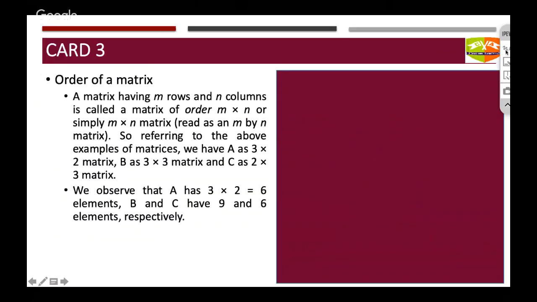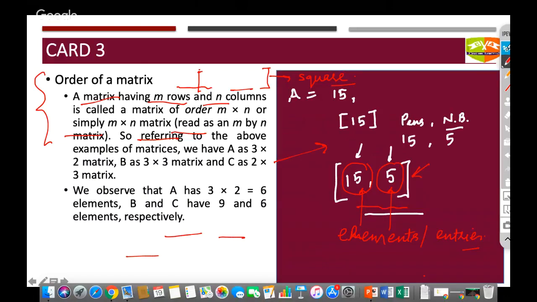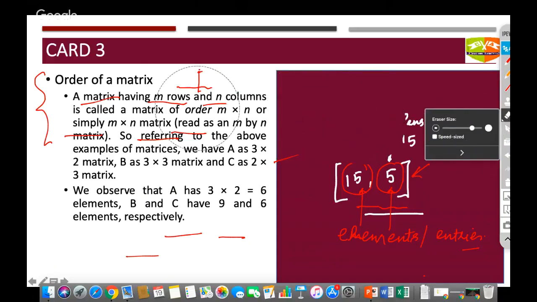Now let me go to the order of matrix. Try to understand what I mean by order of matrix.